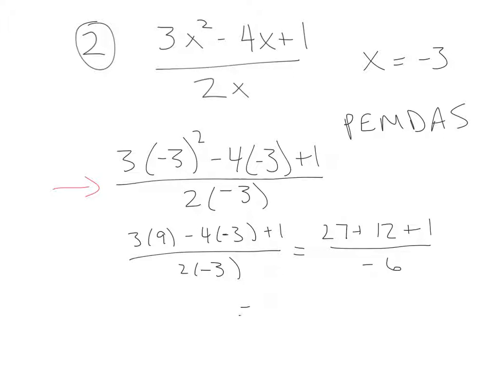Now I can do my addition in my numerator there, and I get, let's see, that's 40 over negative 6, and all that remains is to do the division indicated by the fraction bar, which in this case will merely mean I'm reducing my fraction to negative 20 thirds.